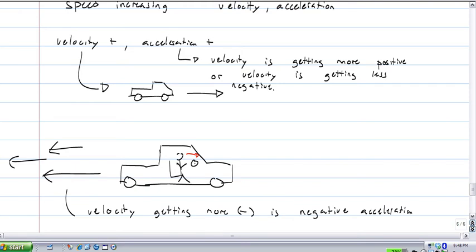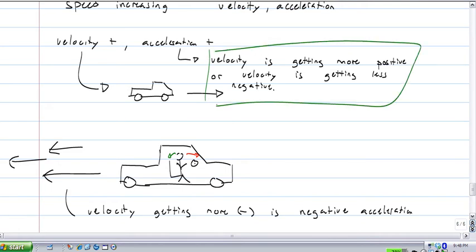If it makes you lean backwards, you're experiencing positive acceleration. So that's why I went on a side note here, but I say your acceleration is positive if your velocity is getting more positive, or your velocity is getting less negative. So let's make sure we're clear on that. Velocity getting less negative. What's that like in your car?